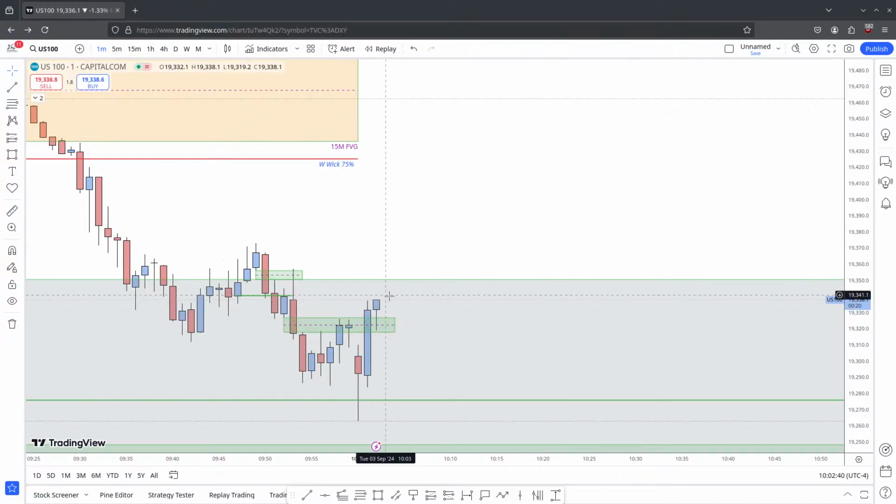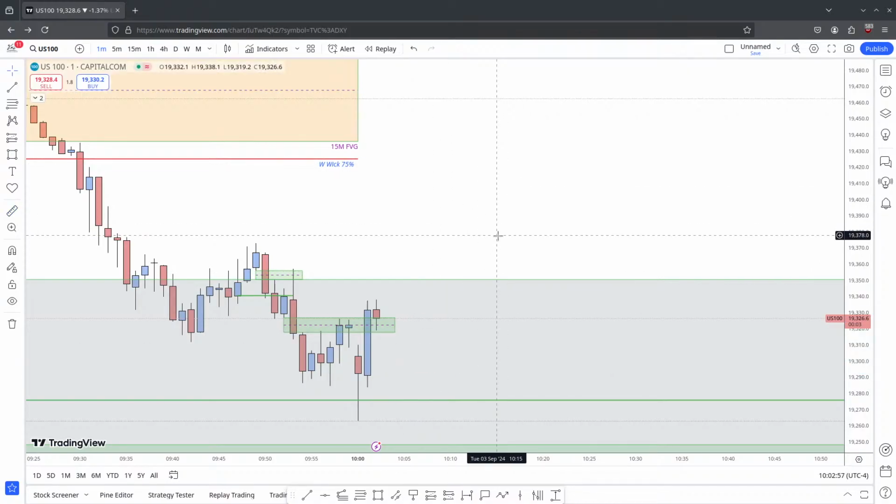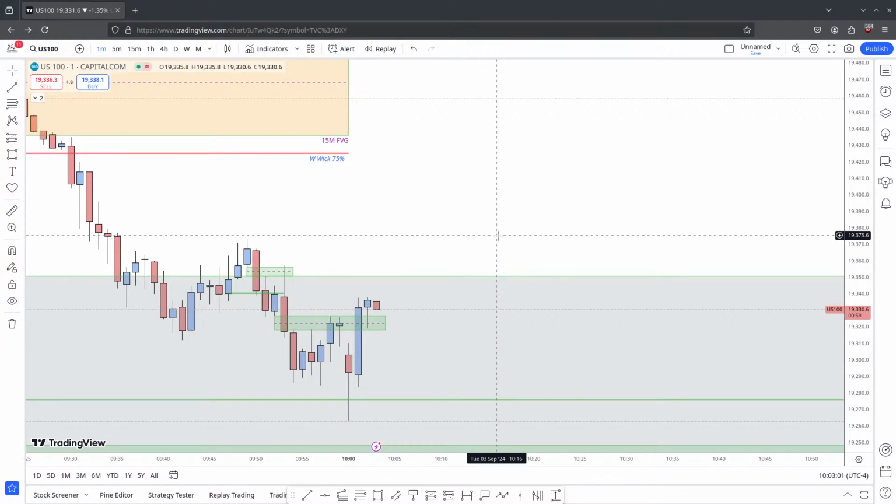So trading into this, it did respect a level. Just want to see what the hypothetical stop would be. So 17% at the stop, 32 points. It's not something I would be engaging in. That's just too big of a stop for my liking.